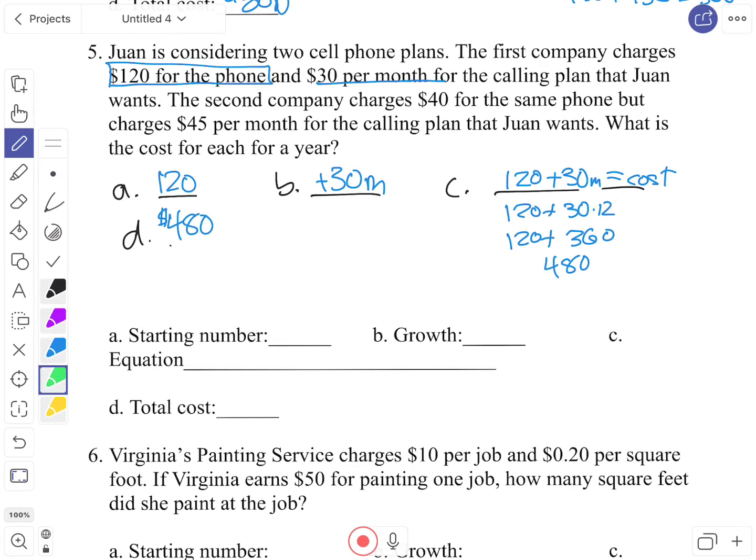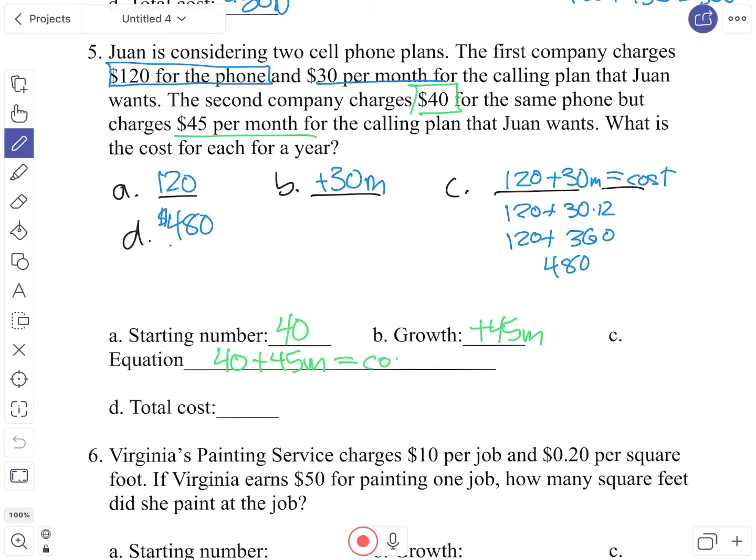Now, plan 2, it's $40 for the same phone. That's our starting number. $45 per month, so we're adding $45 per month. Our equation here would be 40 plus 45m. Much cheaper phone, but the plan is more expensive.